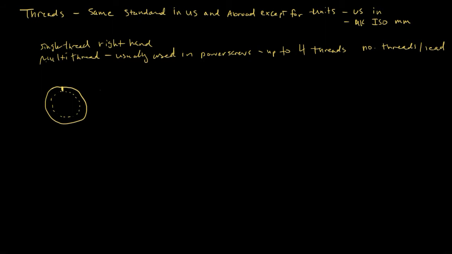If we take a look at the screw, if we come out here, look at the screw axis, and we look here, you see this is a helix of the screw that's wrapped around. And I know this is not a perfect helix, but you get the picture. Okay, this would be a right hand screw or bolt.